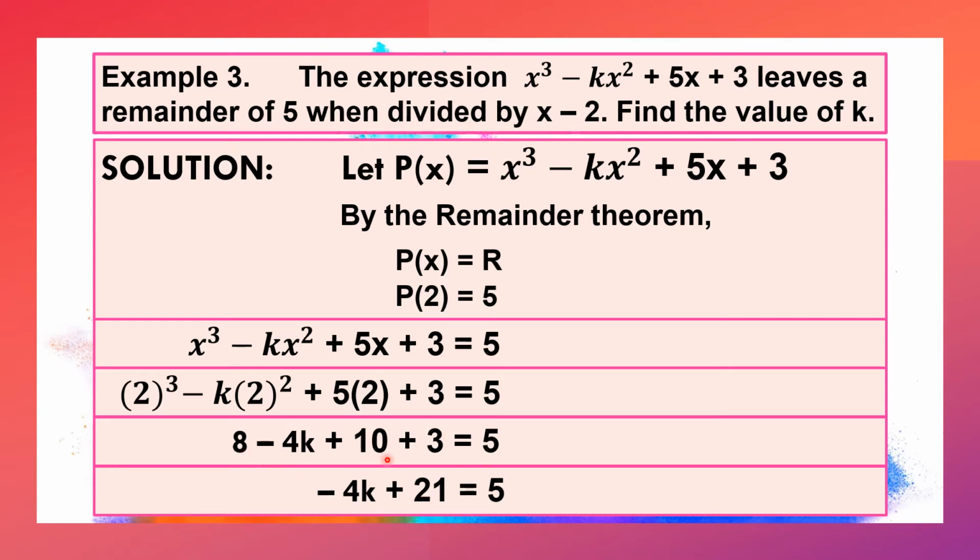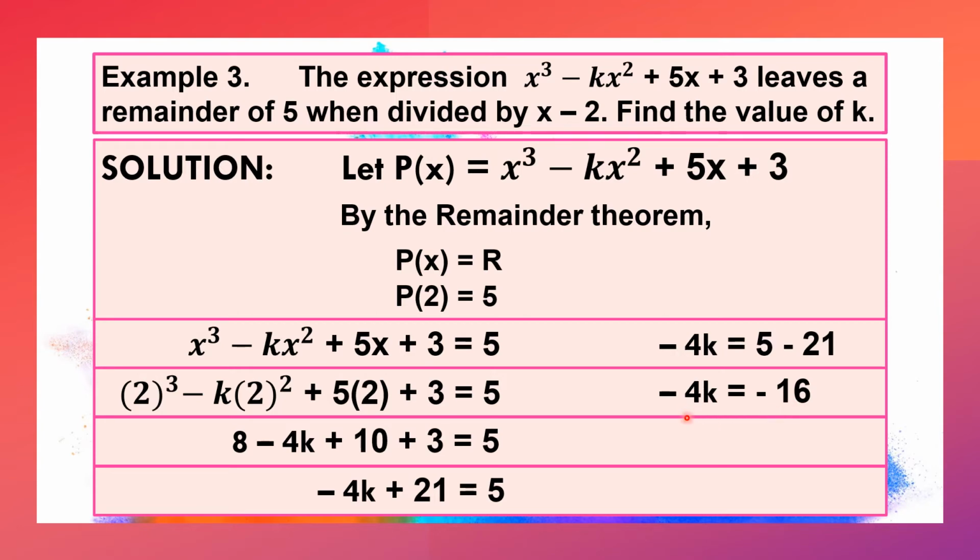So we have now negative 4k plus 21, since 8 plus 10 plus 3 is positive 21, equals 5. Solving for k, we need to transpose 21 to the other side of the equation, so it becomes negative 21. So negative 4k equals 5 minus 21. 5 minus 21 is equal to negative 16.